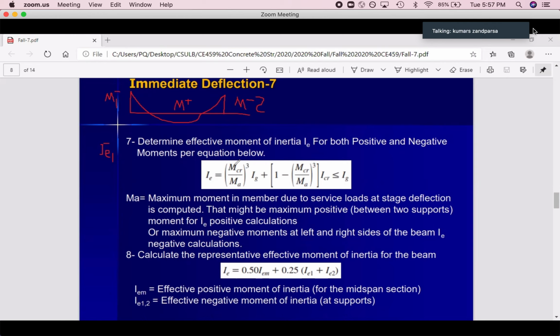For M positive, go with M crack for positive. We know that. Okay, we have this. MA positive, maximum positive moment, whatever it is, the same unit, just remember. If it's inch or foot, it doesn't matter because that's moment. This one should be inch to the power 4.